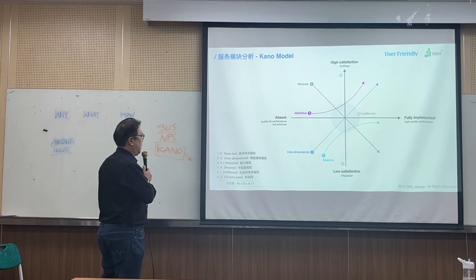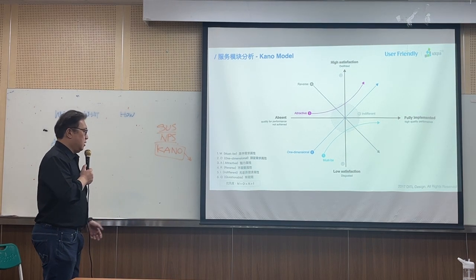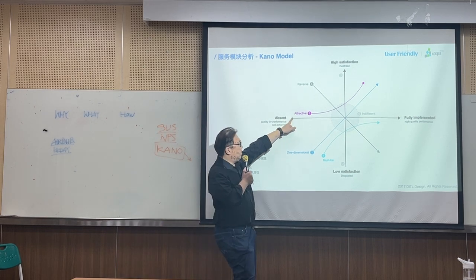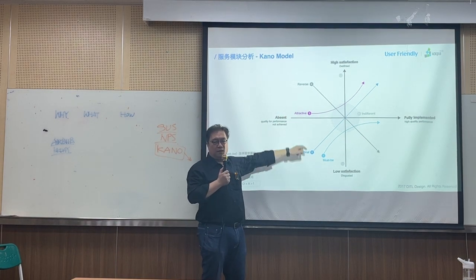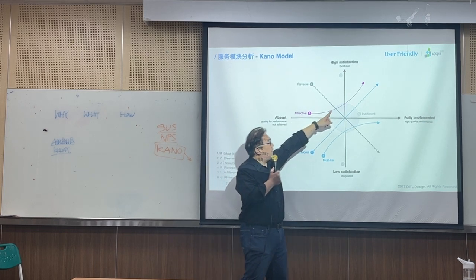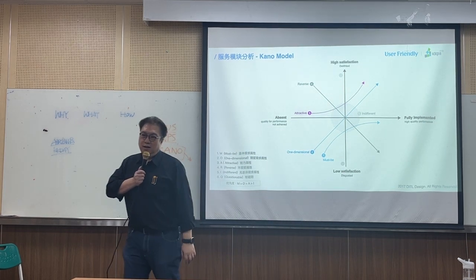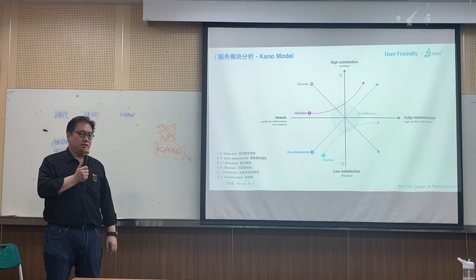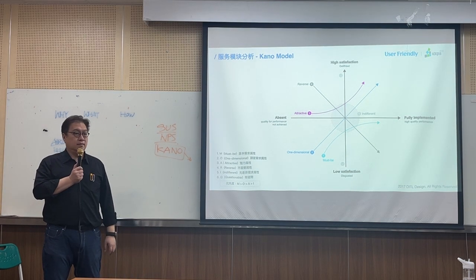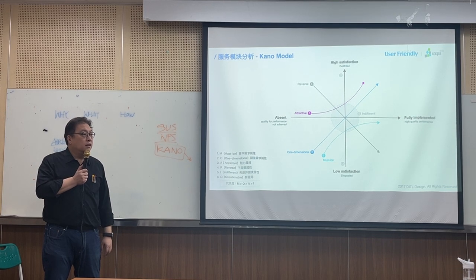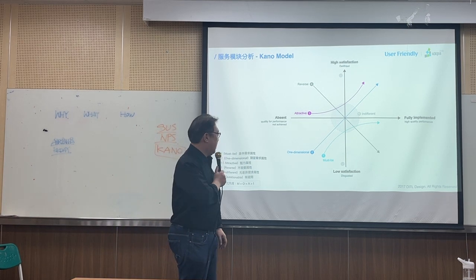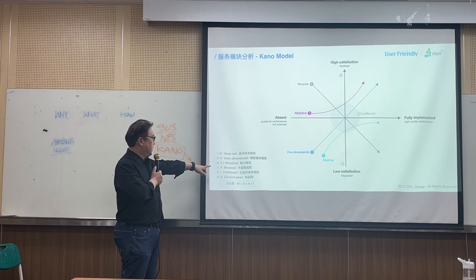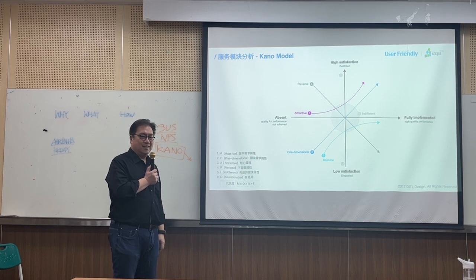The third one is attractive. Attractive means something extra. If you don't have this function, I find it's okay. But if you do have it, I'll feel very, very happy. So what is the attractive function of a restaurant? Discount would not be counted as a function. But a random discount might be.